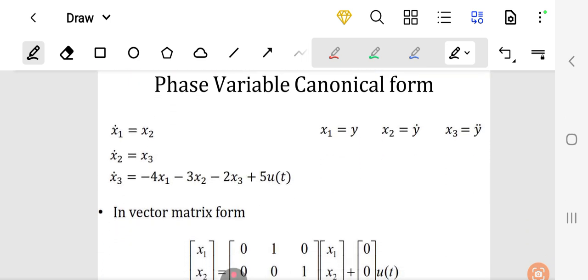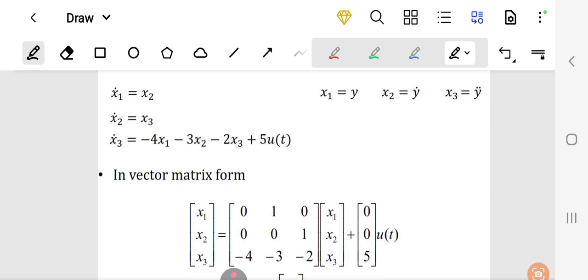Therefore, the phase variable canonical form will be x1 dot equals x2. The coefficient of x1 is 0 and the coefficient of x3 is 0, and the coefficient of u equals 0. x2 dot equals x3.